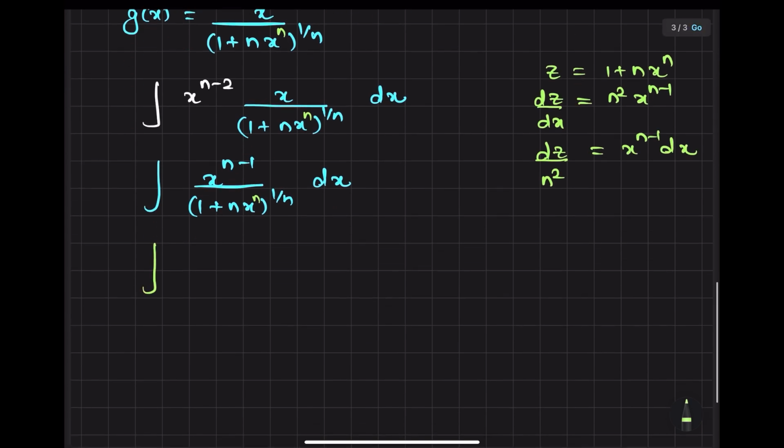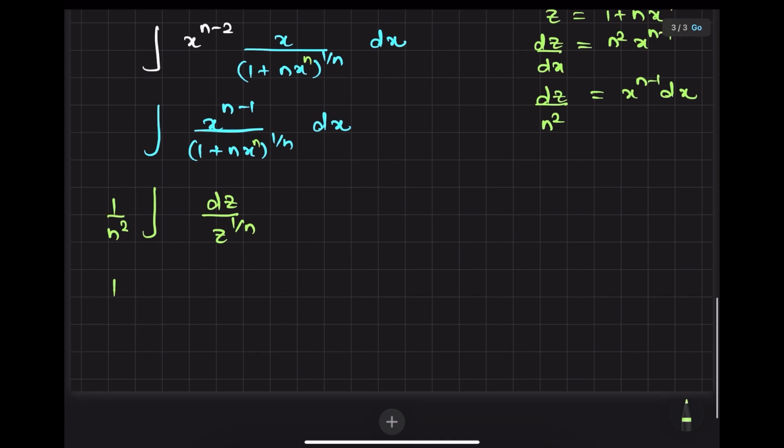Now look at this. So it is dz by z to the power 1 by n, and the constant 1 by n square comes outside. Now you have to integrate that function. So z to the power minus 1 by n dz.